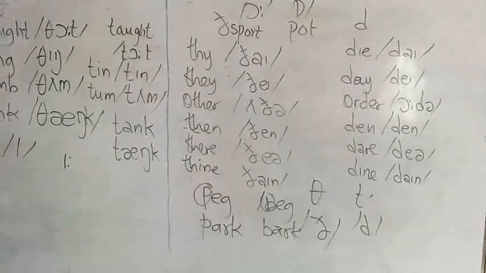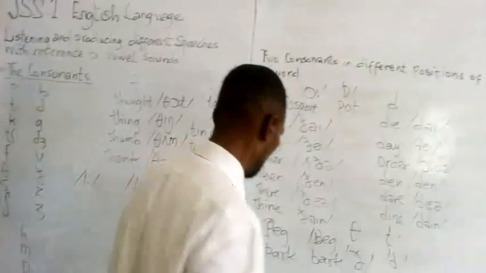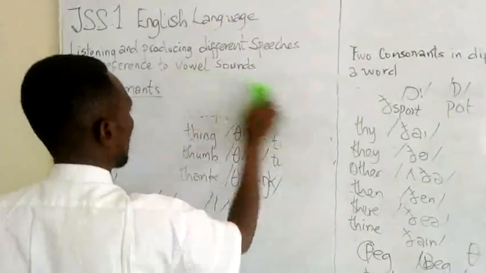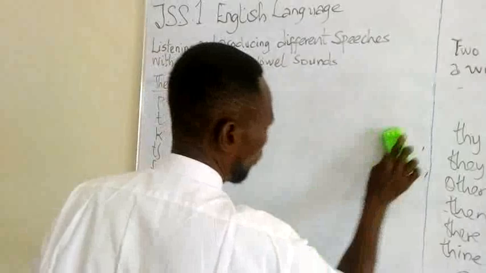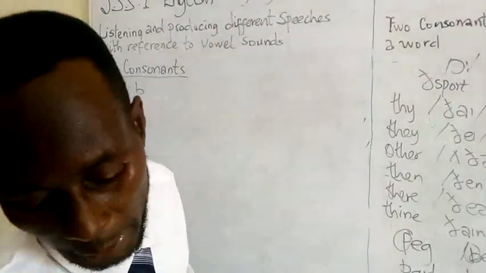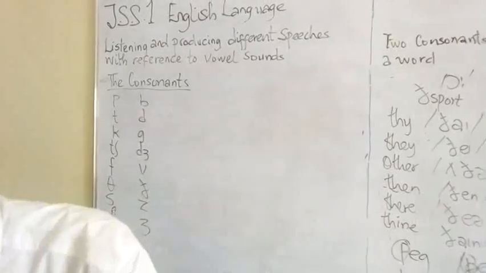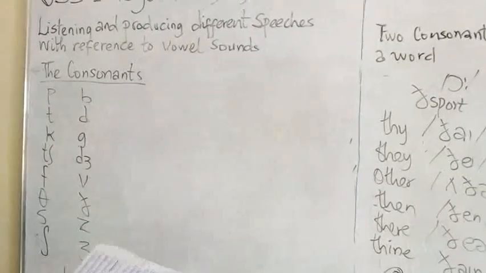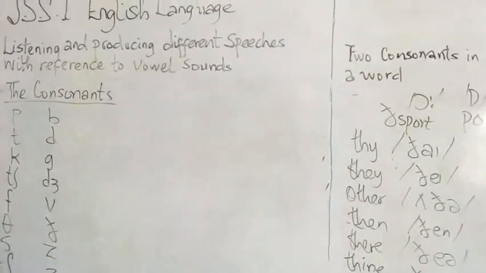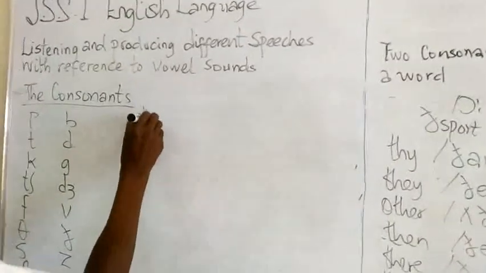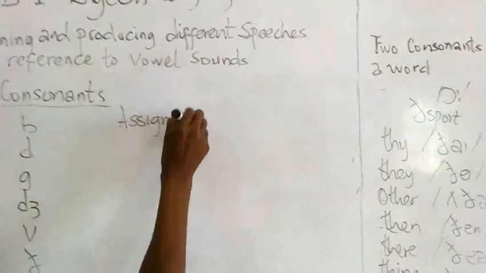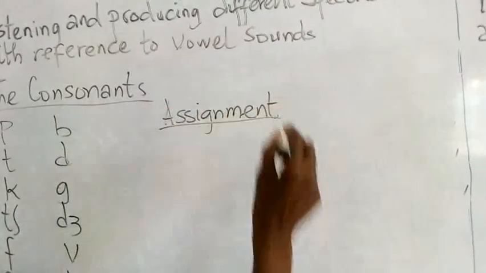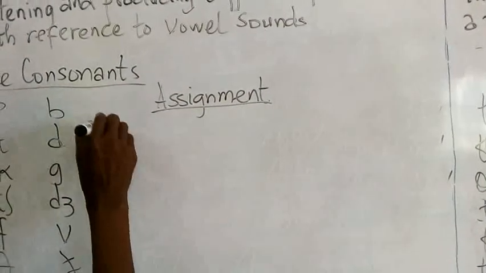Now I'm going to give you an assignment which I expect you to submit to me very soon. Let me write it. This assignment, I want you to do it and submit to me. Copy it. Assignment number 1.